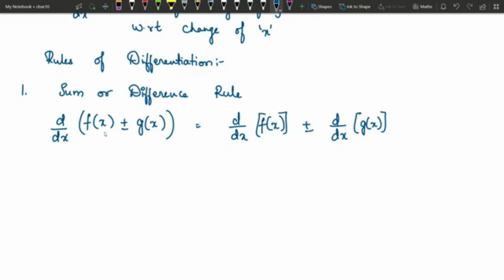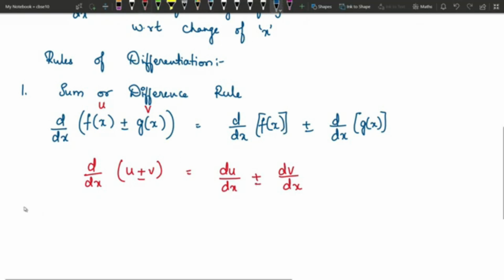Basically we will consider f of x and g of x as u and v, which is what you can see in your textbook notes. So the derivative of the sum of two functions is the derivative of the first function plus the derivative of the second function. This is another way of writing it. And if it is a difference, here also you write the difference. So this is the sum or difference rule. Next is the product rule.